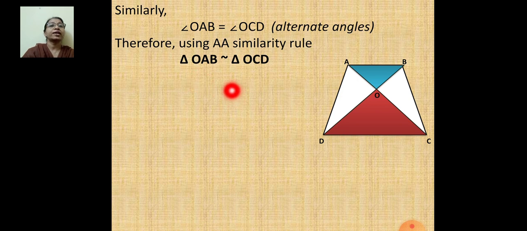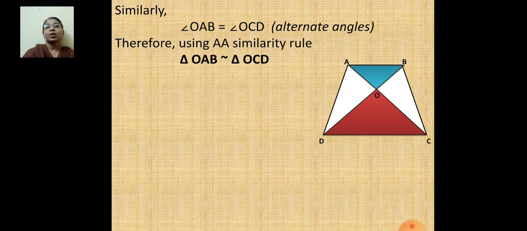So write the one-one correspondence. O corresponds to O, being a common point. A corresponds to C and B corresponds to D. So therefore triangle OAB is similar to triangle OCD.